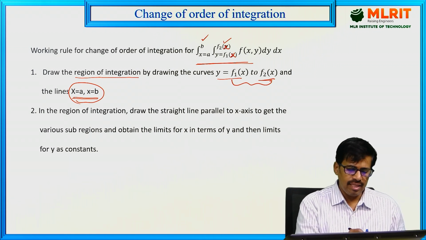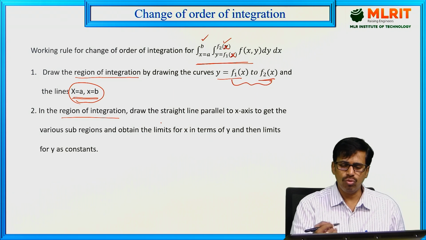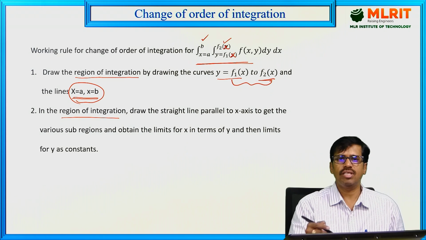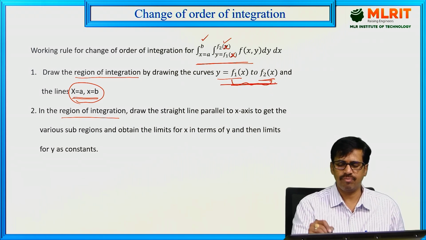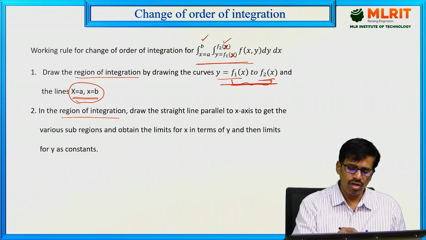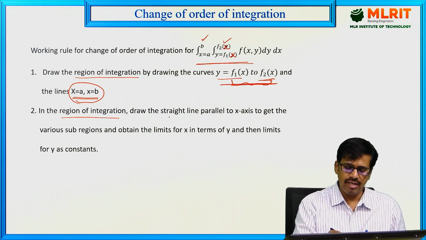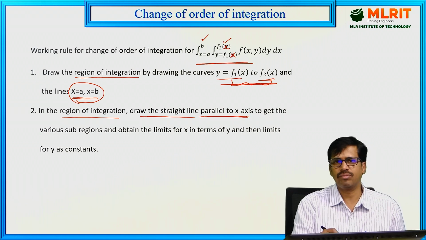Then in that region of integration, we have to write x limits in terms of y, because in the question it is given as y limit in terms of x. To write x limits in terms of y, in the region of integration we have to draw a straight line which is parallel to the x axis. Parallel to x axis means horizontal lines.